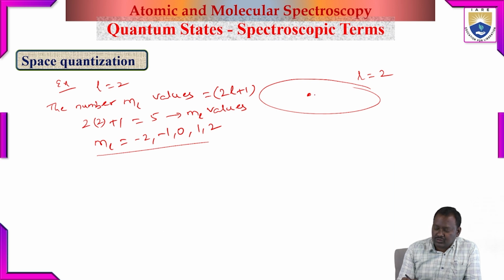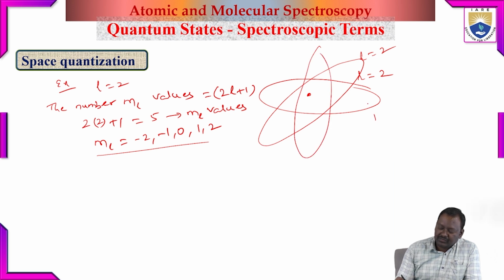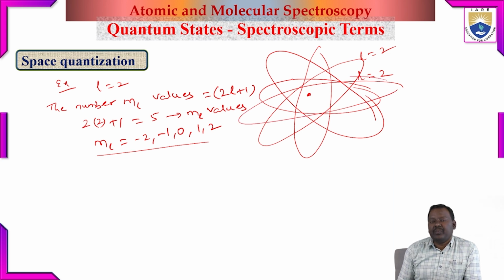L is 2 here, and here it is also 2, and so on, 1, 2, 3, 4, like this. There should be 5 different orientations. These orientations are indicated by ml values. So this quantum number is called the orbital magnetic quantum number, that is represented with reference to the direction of the magnetic field.